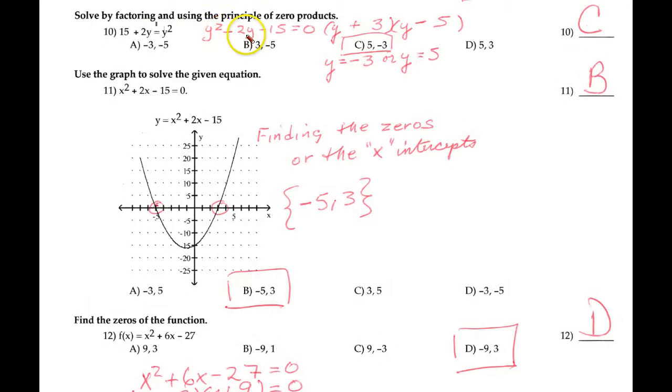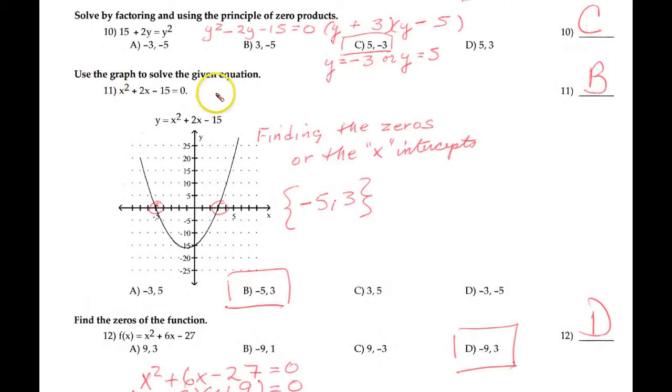That'll become a negative 2y. This will become a negative 15. And then equal it to 0. Factor it and equate each of my factors to 0. So here y is negative 3, opposite side. Here it's a 5.